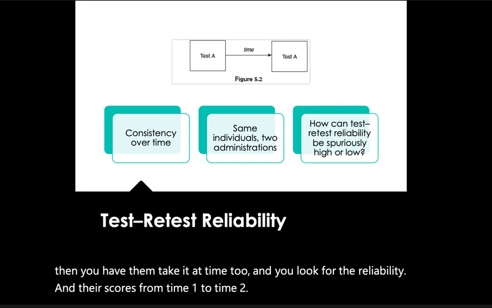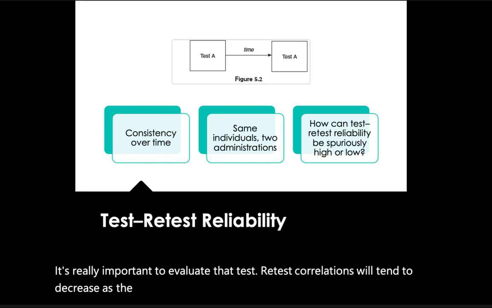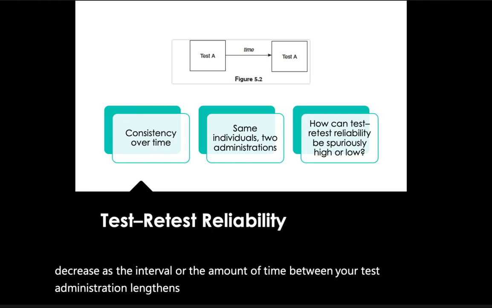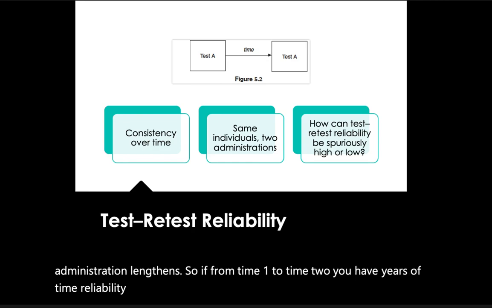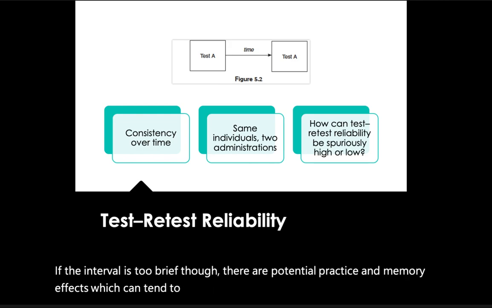It's really important to evaluate that test-retest correlations will tend to decrease as the interval, or the amount of time between your test administrations, lengthens. So if from time 1 to time 2 you have years of time, test-retest reliability is going to decrease. If the interval is too brief, though, there are potential practice and memory effects, which can make your reliability estimation spuriously high.